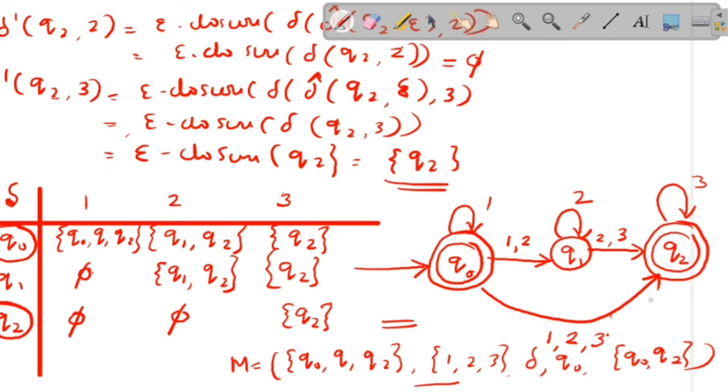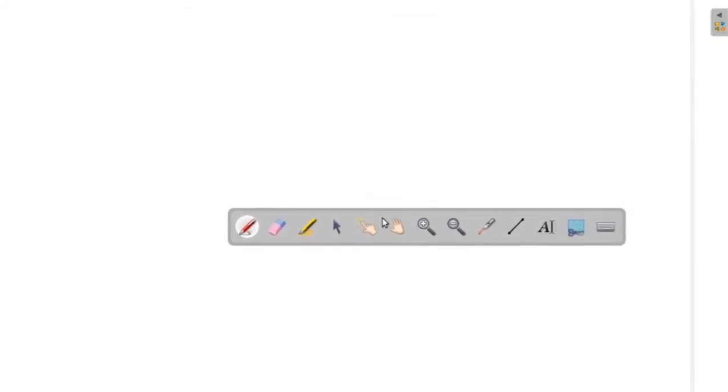So this is the first method for converting an epsilon NFA to NFA. Then the second method for converting an epsilon NFA to NFA is for an epsilon NFA that is very large. For a small epsilon NFA the first method is enough, but for a large epsilon NFA the first method is very tedious to solve.